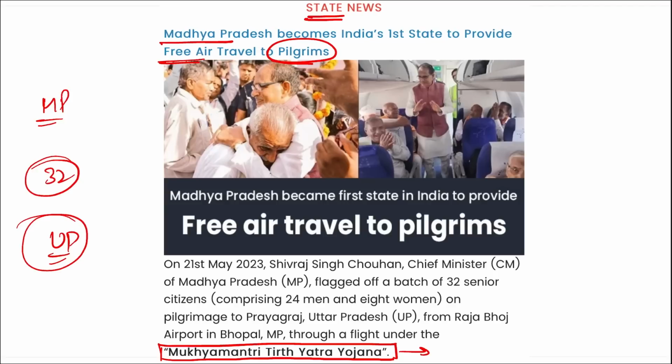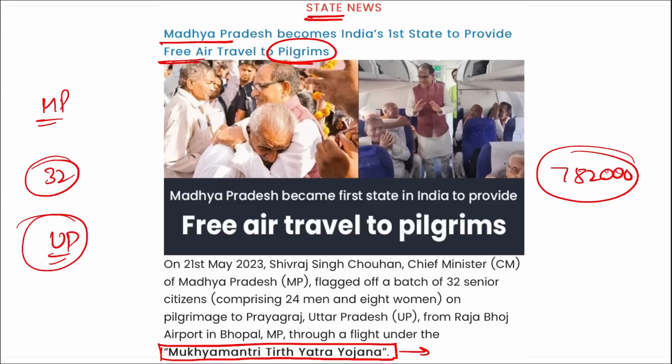And under this Mukhyamantri Tirth Yatra Yojana, remember, Madhya Pradesh has become the first Indian state to conduct pilgrimage by air on government expenditure. So far, 7,82,000 senior citizens have traveled on pilgrimage on 782 special trains as a part of Mukhyamantri Tirth Yatra Yojana.